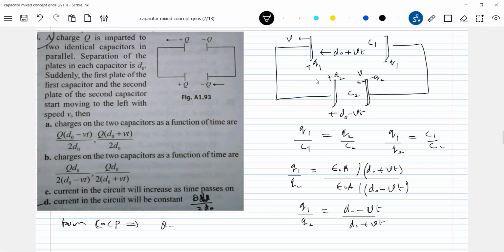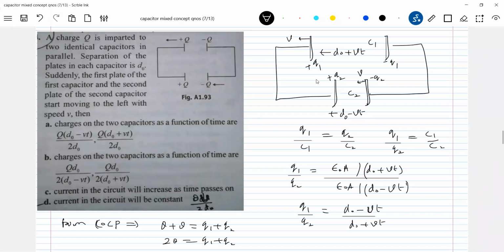Q plus Q should be equal to Q1 plus Q2, or 2Q equal to Q1 plus Q2. Solve this, and we'll get expressions for Q1 and Q2. And what is being asked is the charge on the two capacitors as a function of time.